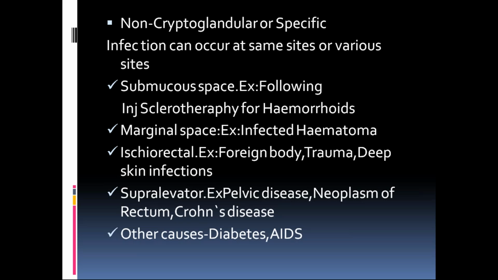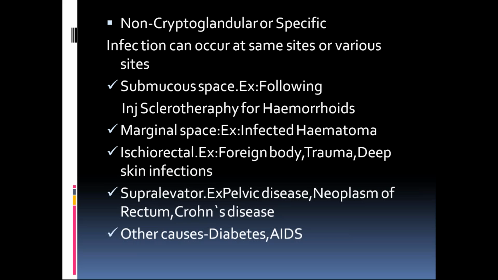Example for a submucous space: I have told you at the mucocutaneous junction, in the submucous space below the mucosa, in the case of hemorrhoids, for example first degree hemorrhoids or early second degree hemorrhoids, the primary mode of treatment is injection sclerotherapy.